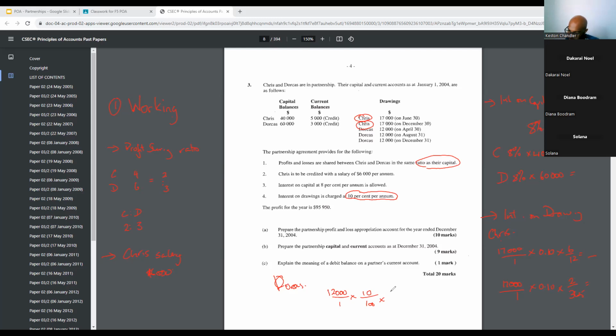So it'll be 8 by 12. Right? And then Dorcas again on the 12,000 by 1 multiplied by 10 over 100 because that's the percentage. And 31st of August, we said. So September, October, November, December, 4 months a year.